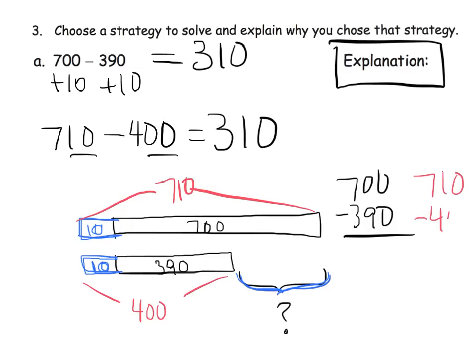That'll give us the same answer because the gap itself never changed. The gap is still there whether you're looking at the 700 take away 390 or the 710 take away 400. The gap is the same, so the answer is the same in both cases. So that's my explanation.